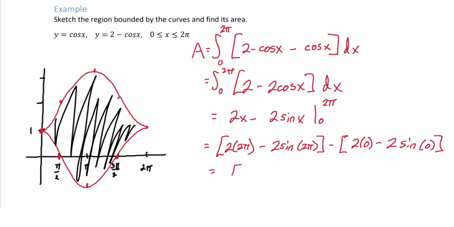This will give us 4 pi minus 0 minus 0 minus 0. So our area is 4 pi.